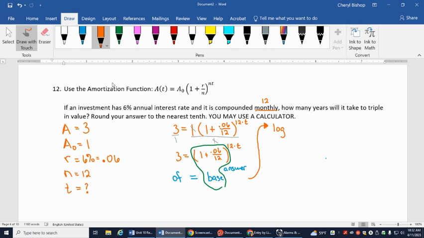Yeah, it's an ugly base, but that's okay because we have a calculator. Base 1 plus 0.06 over 12. What's the of? 3. Equals the answer. What's the answer? 12 times t.